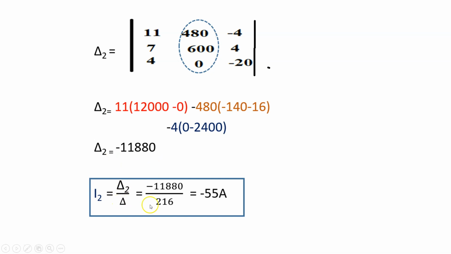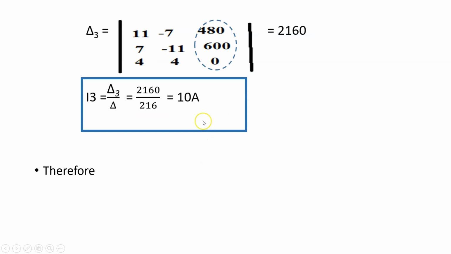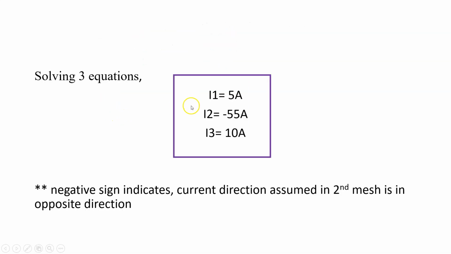So I2 value is obtained as minus 55 ampere. Now if you get a negative sign, it is nothing but the direction we have assumed is negative. Delta 3 means the third column we will be replacing with the constant term. The answer we have got is 2160. So I3 will be delta 3 by delta. So it is 10 ampere.